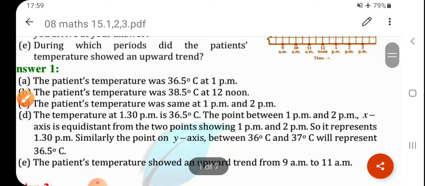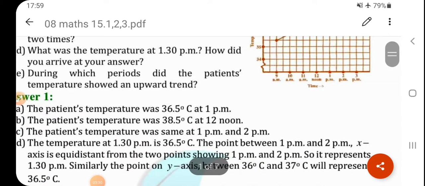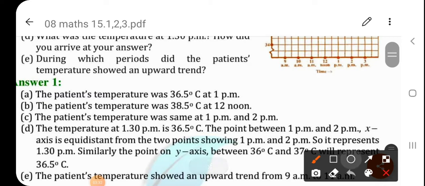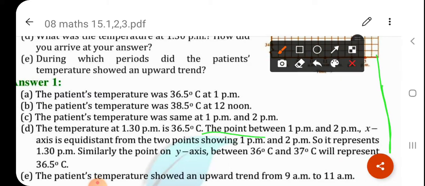How did you arrive at your answer? So how did you calculate this one? Here is the point between 1 p.m. and 2 p.m. We have to see the point between this 1 p.m. and 2 p.m. on the x-axis that is equidistant from the 2 points showing 1 p.m. and 2 p.m. So it represents 1:30 p.m. Similarly, the point on the y-axis between 36 and 37 degrees Celsius will represent 36.5.